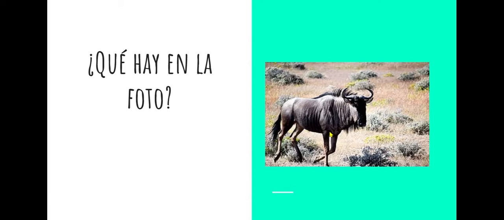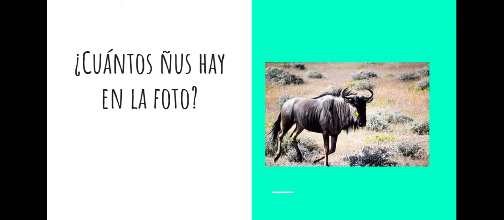Clase, ¿qué hay en la foto? Hay un ñu en la foto. I wonder if that's the one that got eaten by the crocodile. ¿Cuántos ñus hay en la foto? So now I'm asking you not what is in the photo, because I know it's un ñu, but how many ñus do you see in the photo?